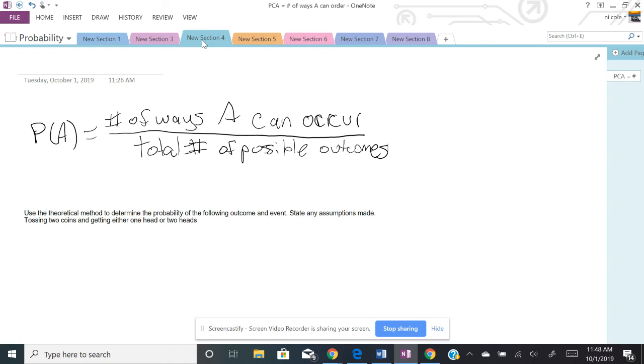Okay? So when I toss a coin the first time, I could either get heads or tails. From that heads, I could either get heads or tails. Again, heads or tails. So I could have heads, heads, heads, tails, tails, heads, or tails, tails.